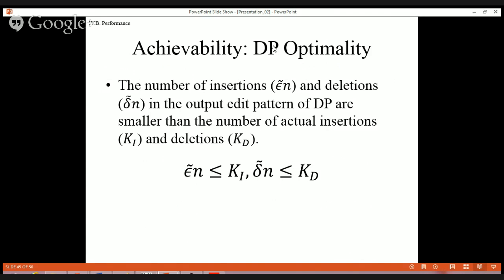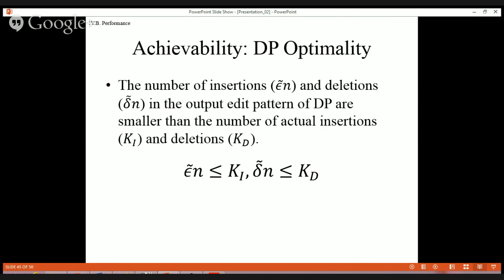Dynamic programming is well known in the literature to find the edit distance of two sequences. The edit distance is the smallest total number of edits needed to convert one sequence to the other sequence.